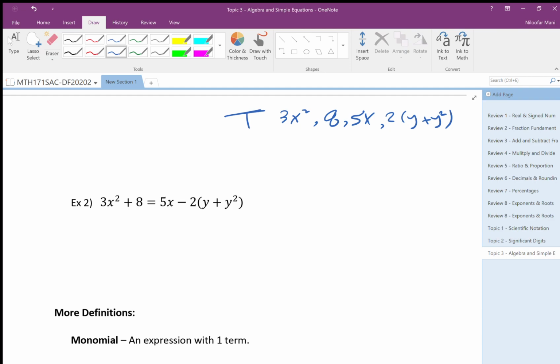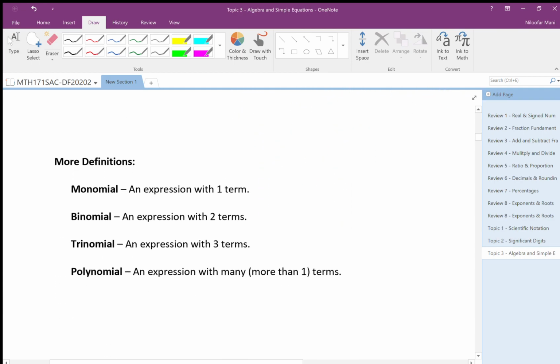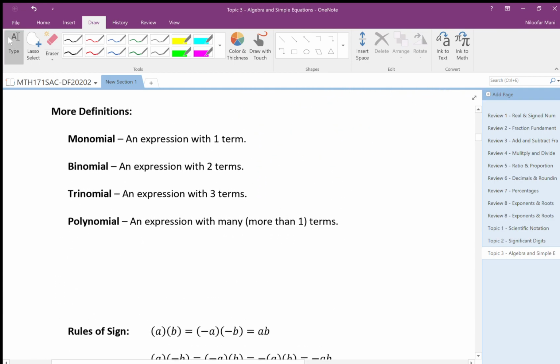What is separated by plus and minus? They are terms. The constant is 8, the coefficients are 3, 5, and 2, and the variables are x and y.